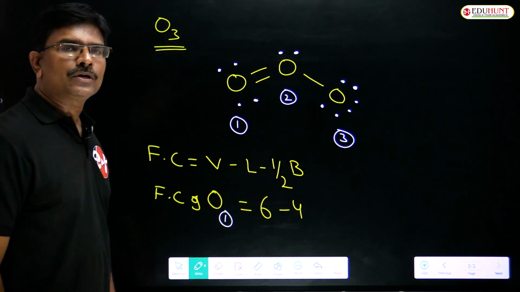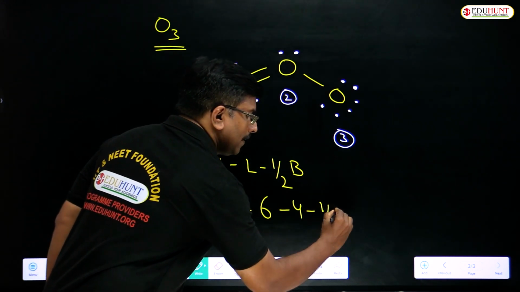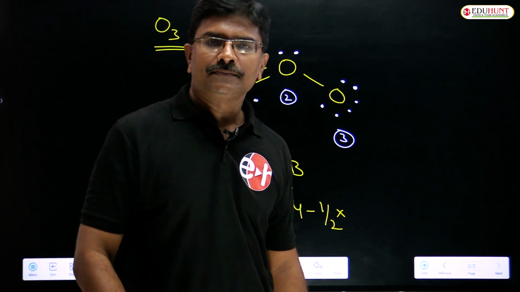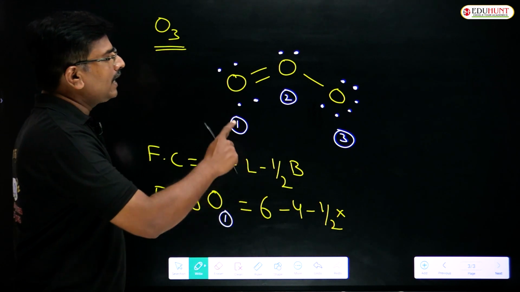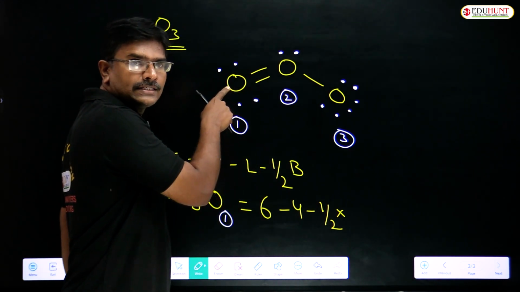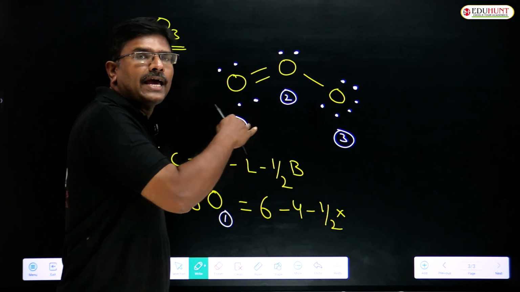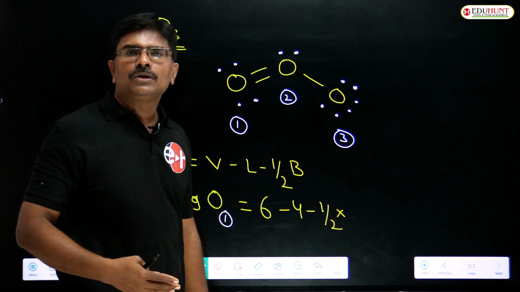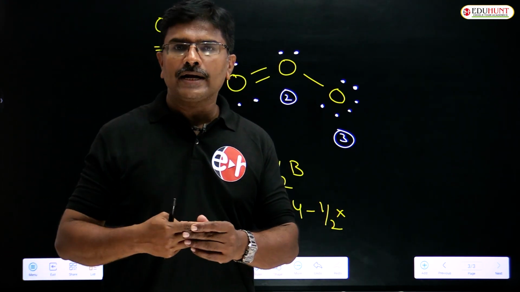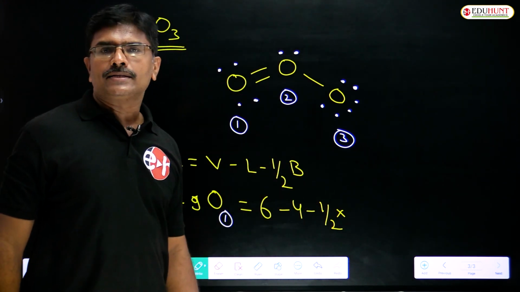So 6 minus 4 minus half into B. B is the number of electrons in bond pairs. This oxygen is attached with 2 bonds. Since there are 2 bonds, each bond has 2 electrons, so 2 twos are 4 electrons in the bond pairs.